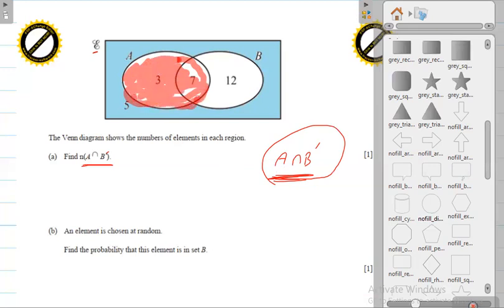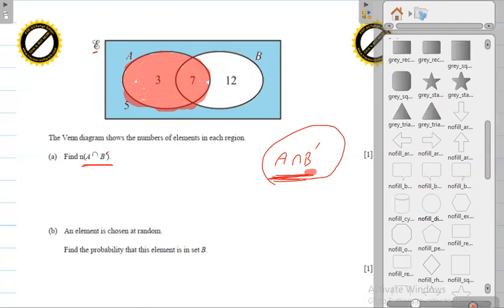Then let me shade it. If I need to remove, I will remove of course also. Okay, I shaded inside A. Then B, inside B. For inside B, I will change the color.